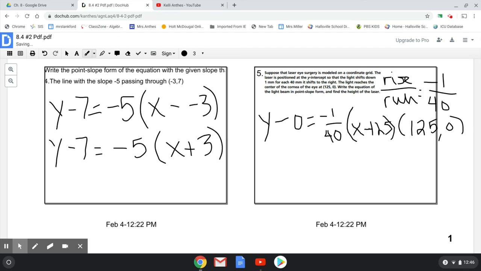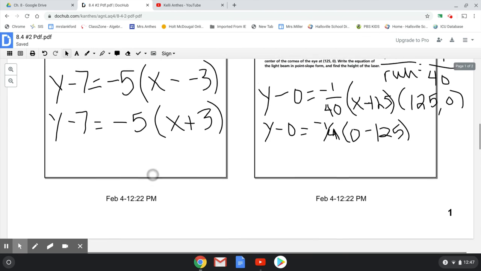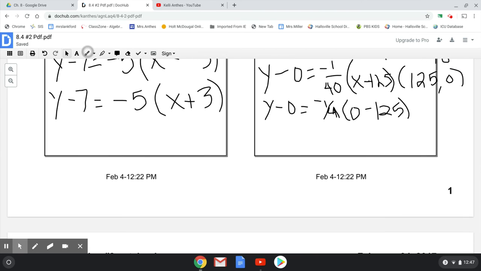Okay, so now what we need to do is find our y-intercept. And in order to do this, we need to do what we've done before, which is substitute 0 for x. So y minus 0 equals -1/40, parentheses, 0 minus 125. Okay, so we're going to do some simplifying here.